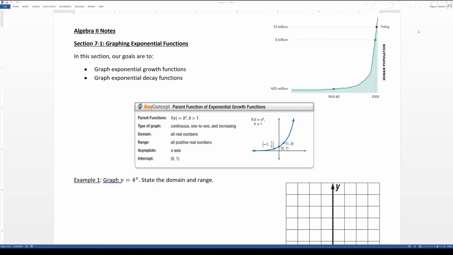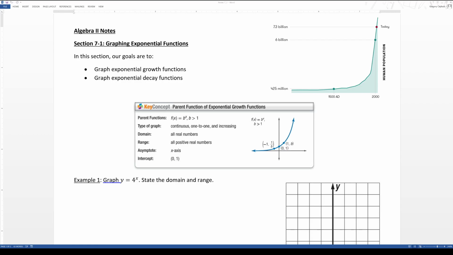That's just speculation, though. Okay. But the point here is, something in the real world that follows this exponential growth function is the population on Earth. Now, unfortunately, in the last month or so, we've come up with another example of something that follows this exponential growth. You might know where I'm going with this.